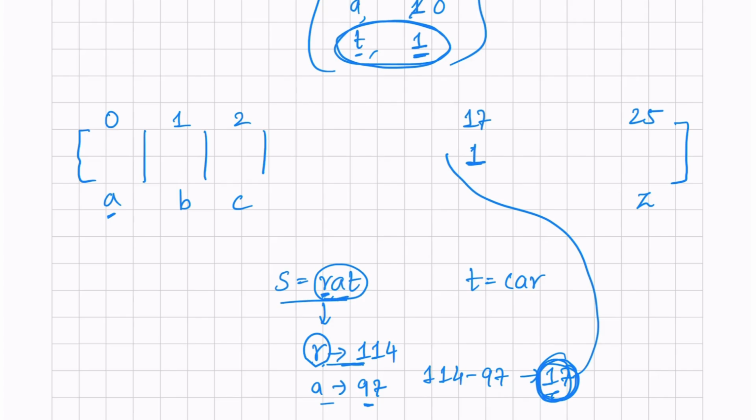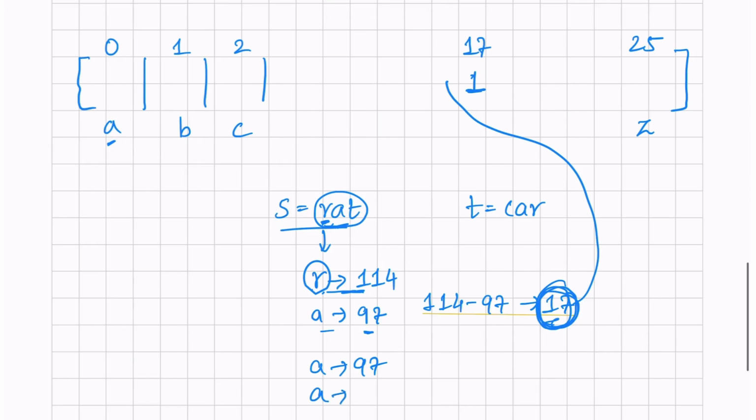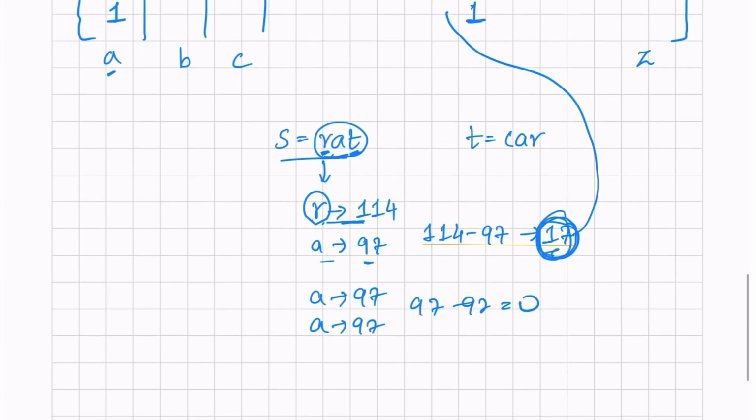We do the same thing for A. Now in the case of A, it's much easier. A's value is 97, and we're subtracting 97 from it. So 97 minus 97 becomes 0, and we update the value at index 0 to 1. Now let's do it for T. If you look up the ASCII table, the decimal value for T is 116.